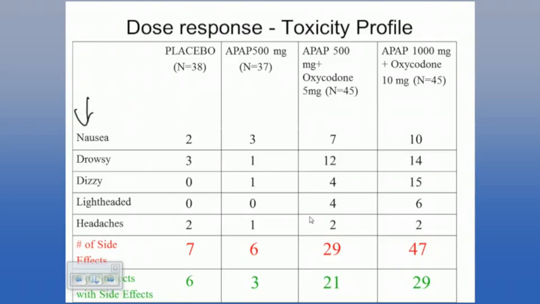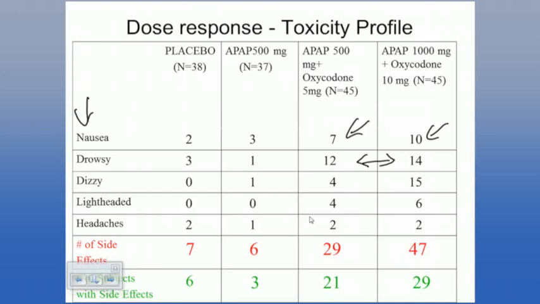And what you can clearly see is more nausea was associated with both treatment groups that incorporated oxycodone, and that the higher the dose of oxycodone, the greater the degree of nausea, or the greater number of subjects who experienced nausea. In addition, increasing degrees of drowsiness, although I'm sure if you put this to statistical testing, this would not reach statistical significance, but we leave that point aside.